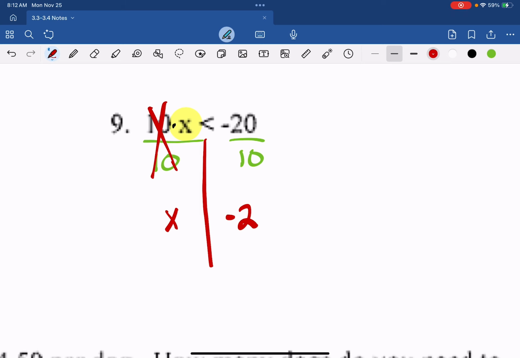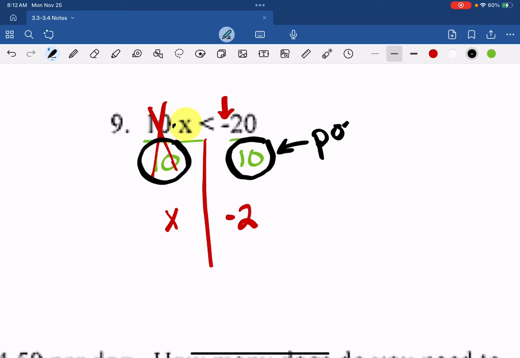Now, this is important. This is a super common mistake. Students see this negative sign and they say, oh, negative, I need to flip. However, think back to my rule. My rule has to do with the number I'm dividing by. So if I look at the number I'm dividing by, that number is positive. Okay, so because that number is positive, my sign stays the same.